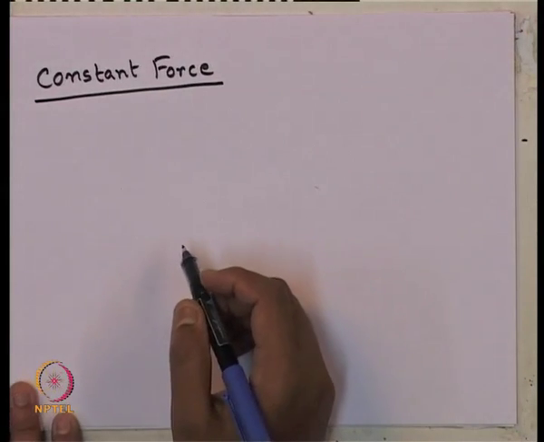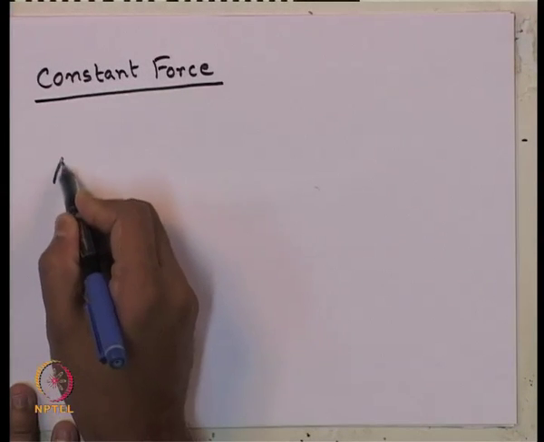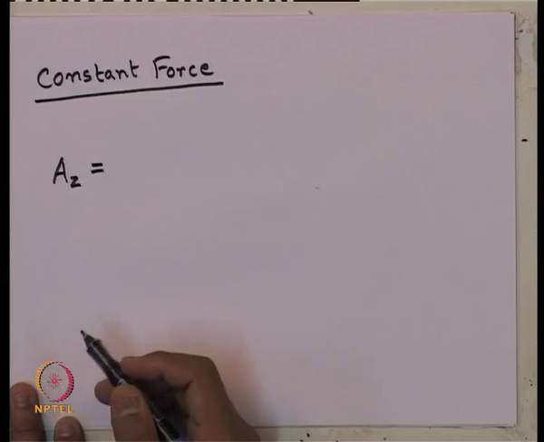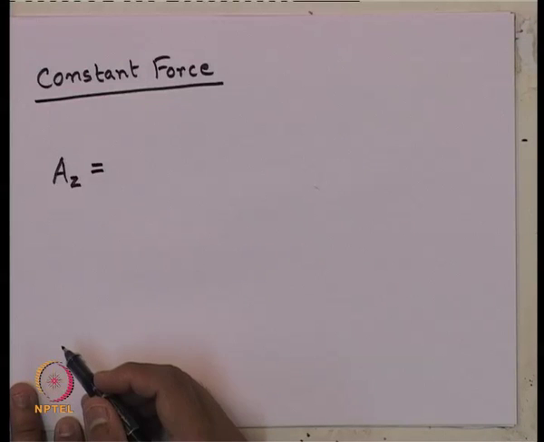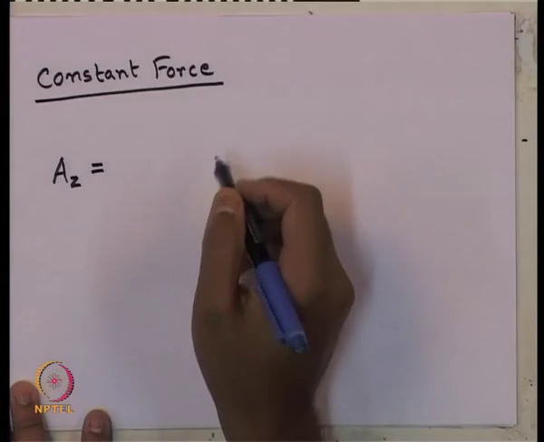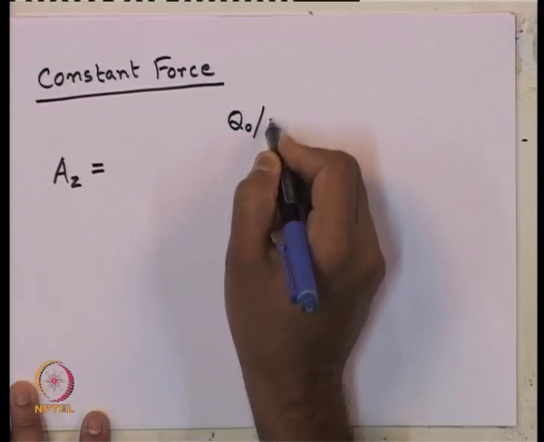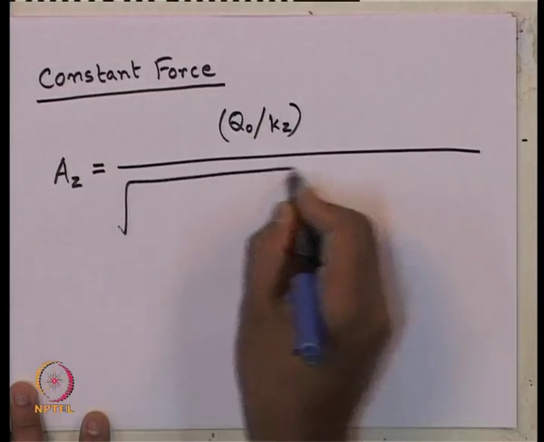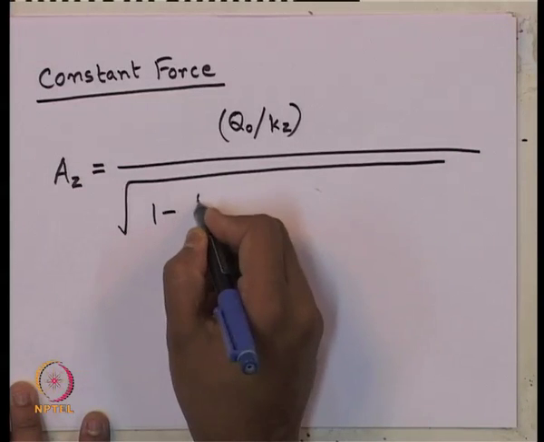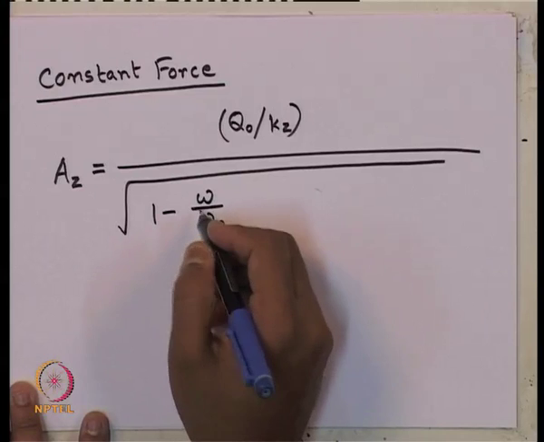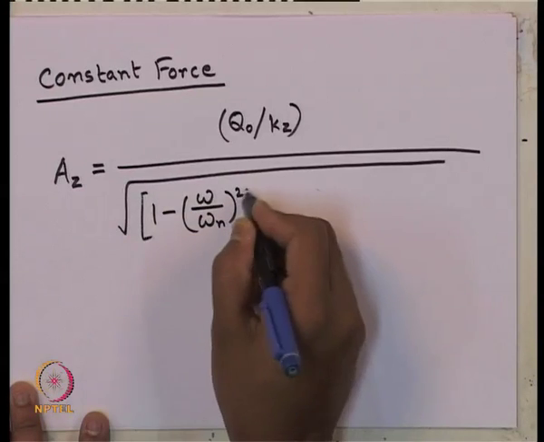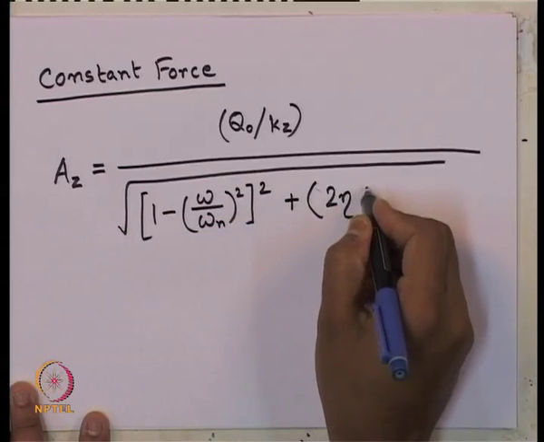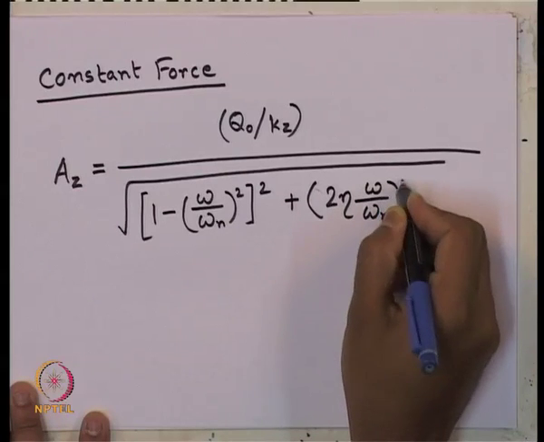In constant force type excitation, the expression for Az, the amplitude or maximum dynamic displacement in z direction, is given as q naught by Kz divided by root over 1 minus omega by omega n whole square plus 2 eta omega by omega n whole square.